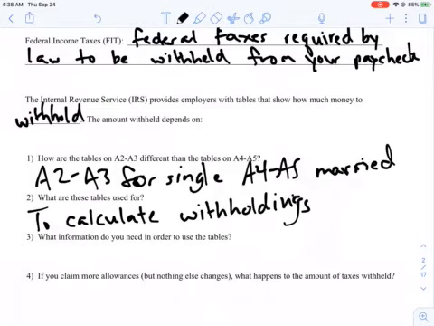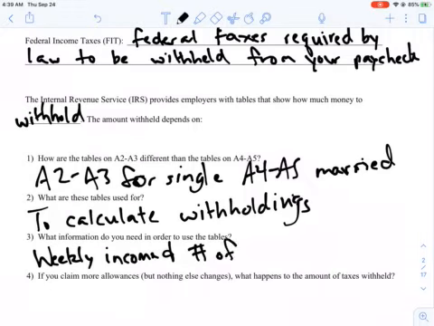Okay. So what information do you need to know to use these tables? You need to know weekly income and number of allowances.